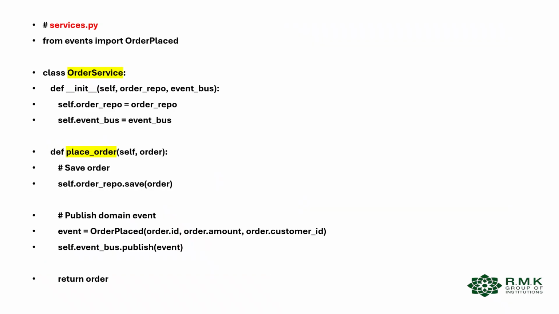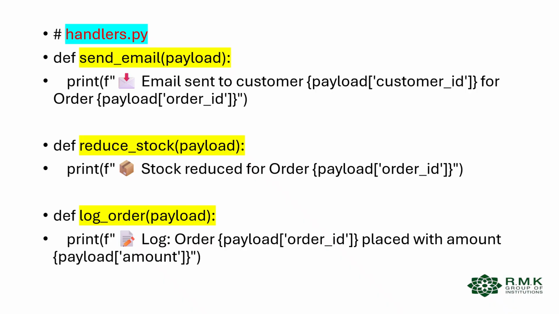Then one more is the service method, class OrderService, place order service, and last is publishing the domain events. After that the client gets the reply by using the handlers: send mail, reduce stock, and log order. Send mail is nothing but a payload, and similarly the log order payload.